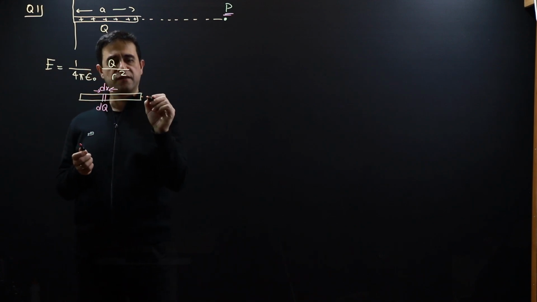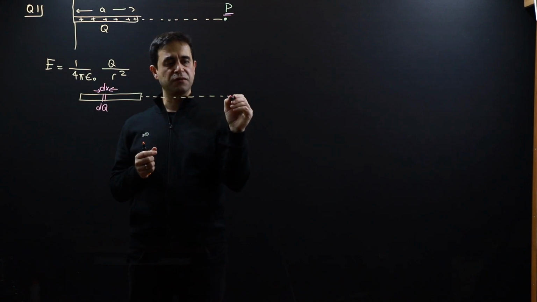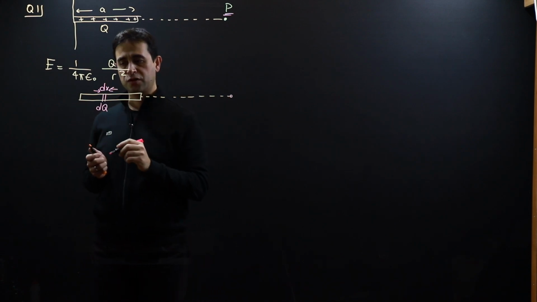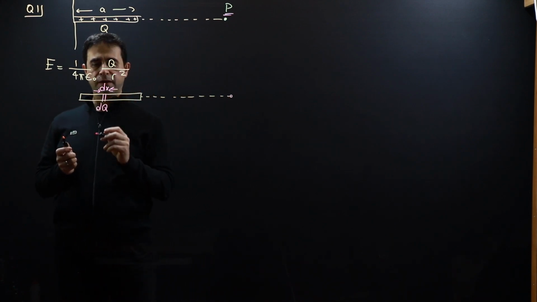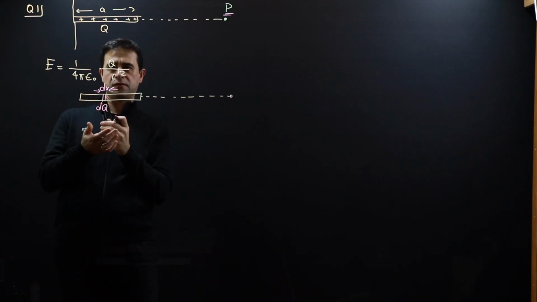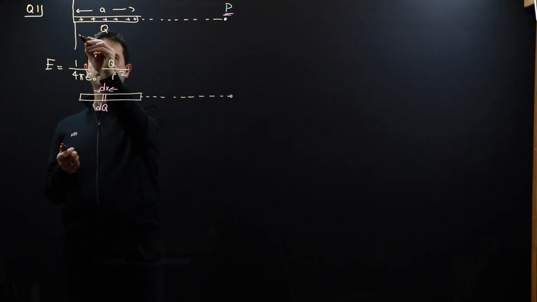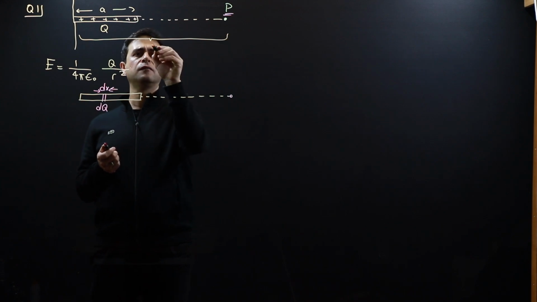And it's along the x-axis, and I would like to calculate the electric field due to this small charge dq. And the total length was a, and also this distance, I can give it as L, okay?